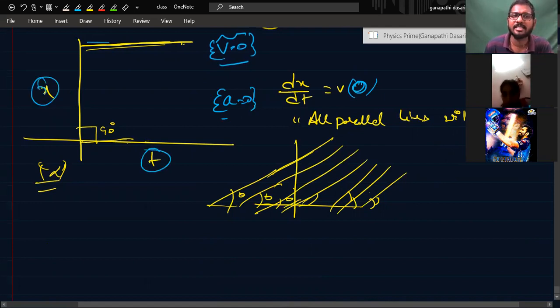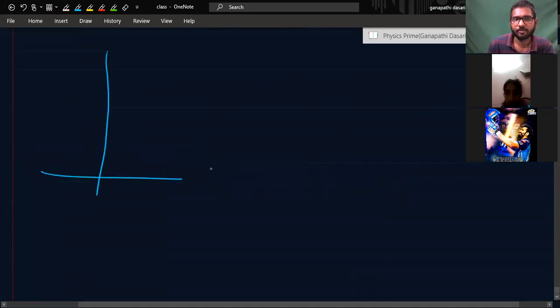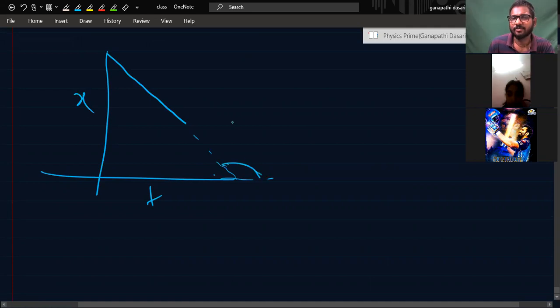I'm solving for all these things for the xt graph. Then this graph, xt. What is this slope? Obtuse angle. That means tan theta is negative.